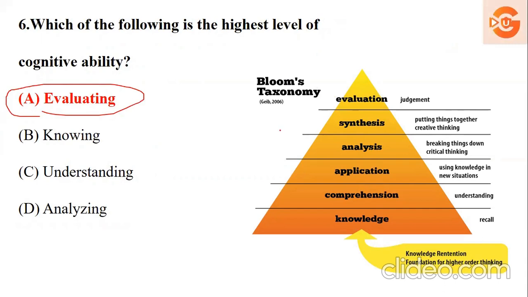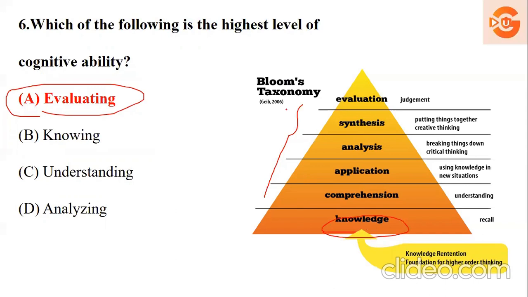What is the concept? The concept is Bloom's taxonomy. It's nothing but a classification of different skills which educators set for the students. Now this was proposed by the educational psychologist Benjamin Bloom, where he has given 6 levels.